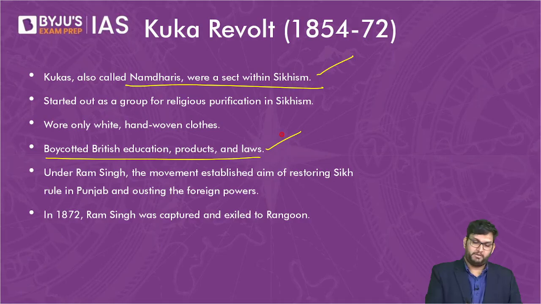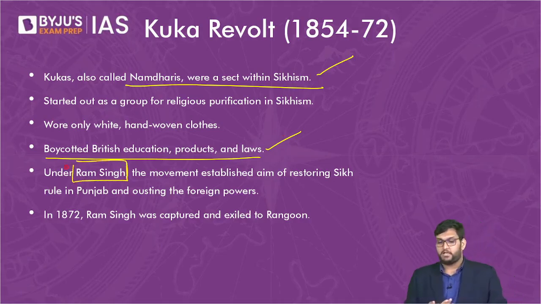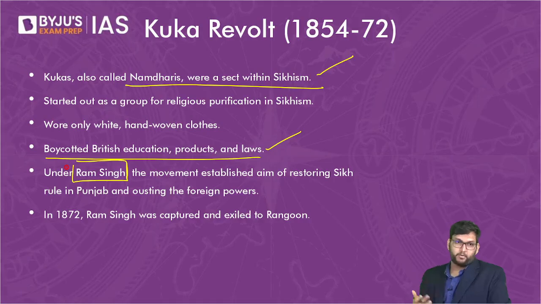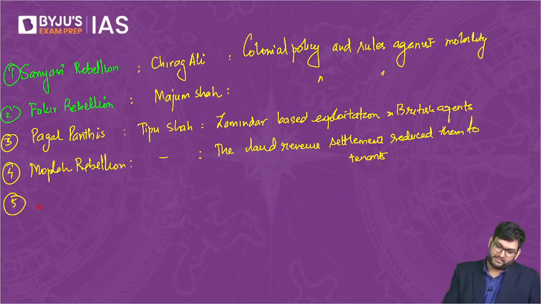The main leader is Ram Singh, who will establish an organization or a rebellion or a revolt to restore the prestige of the Sikh community. And later Ram Singh will be captured and sent to Rangoon as an exile concept. So Mopla rebellion done by the Moplas, obviously the Moplas. So Kuka we already discussed yesterday, but let's add it here.